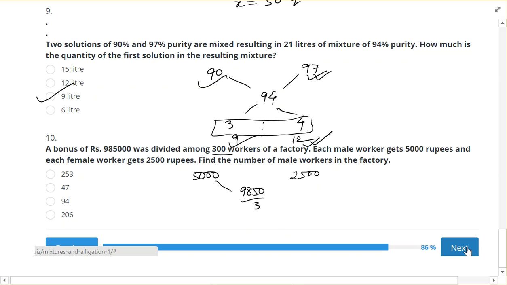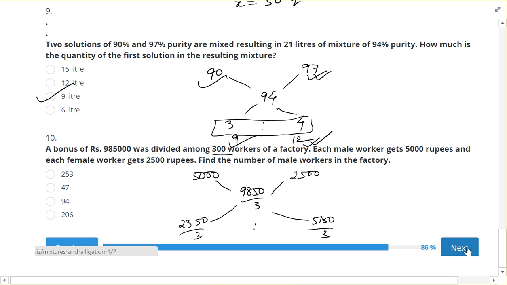Now, subtracting it, we get these figures. This is 15,000 minus 9850 by 3, that is 5150 by 3, and this one is 9850 minus 7500, so 2350 upon 3.